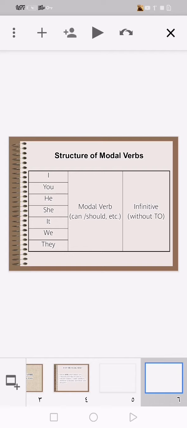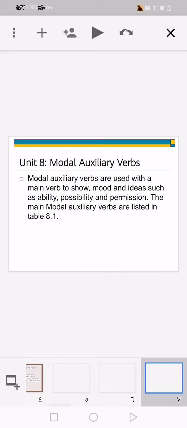Structure of modal verbs: I, you, he, she, it, we, they, modal verb, for example can, should, then infinitive without to. Modal auxiliary verbs are used with a main verb to show mood and ideas such as ability, possibility, and permission.